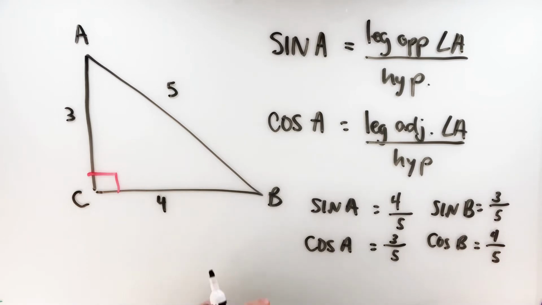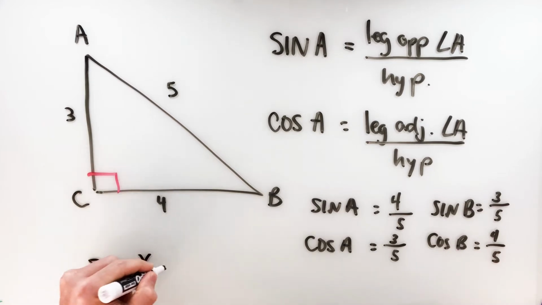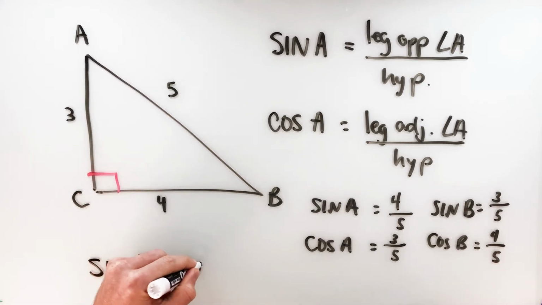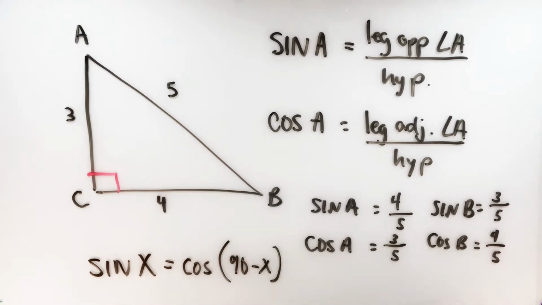In fact, the word cosine literally means complement of sine. Okay, algebraically, you can think of this as the sine of an angle is equal to the cosine of 90 minus that angle, which is one of the many trigonometric identities you'll learn as you study trigonometry.